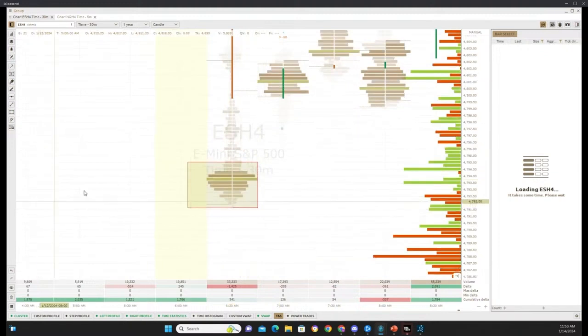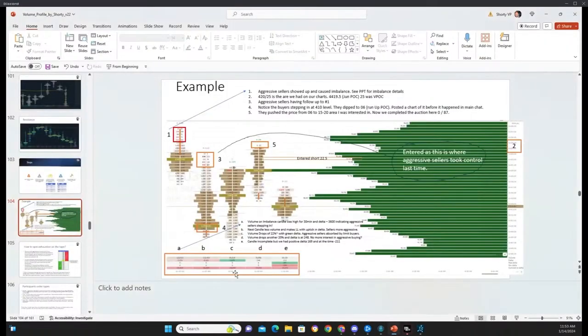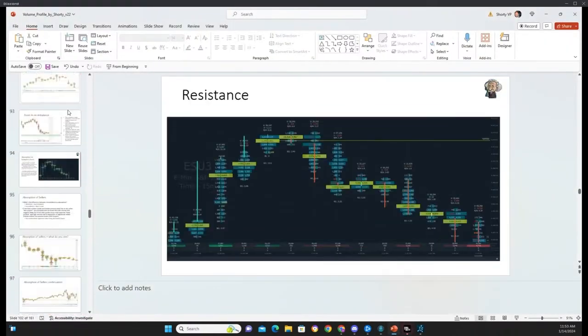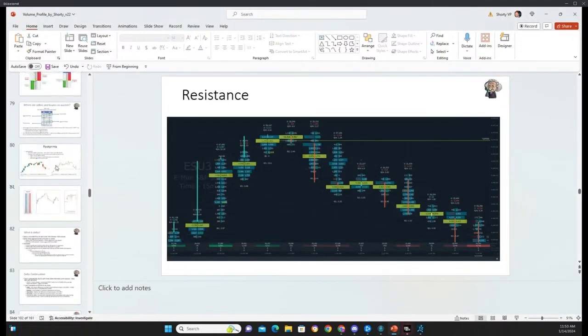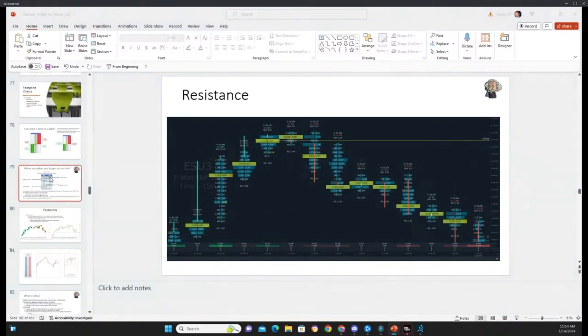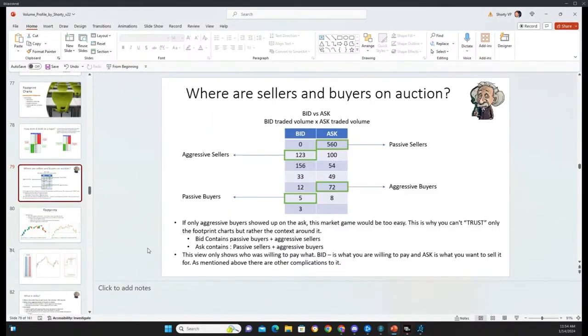The left. Okay, so what would that indicate to you guys based on what we just covered in the class? If that left side is inflated and you're coming to support, passive absorption. Passive buyers. So the context would tell you that this is passive buyers.